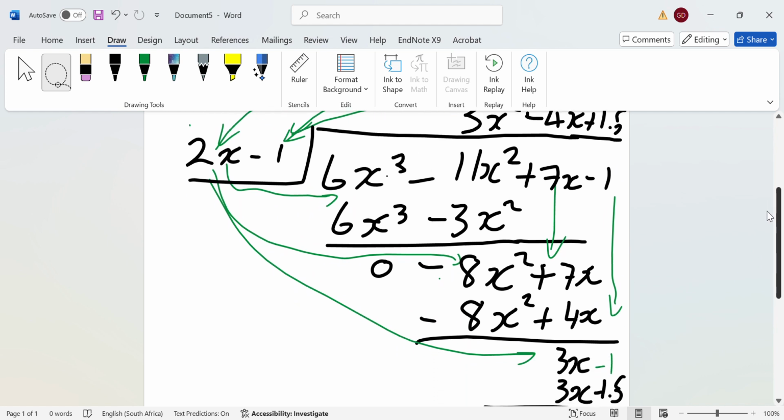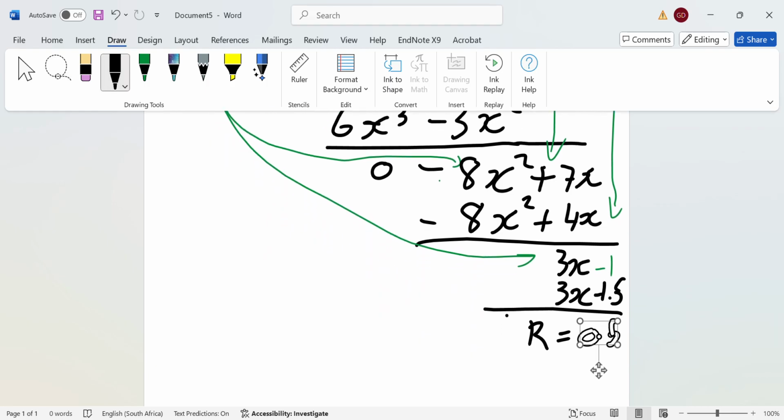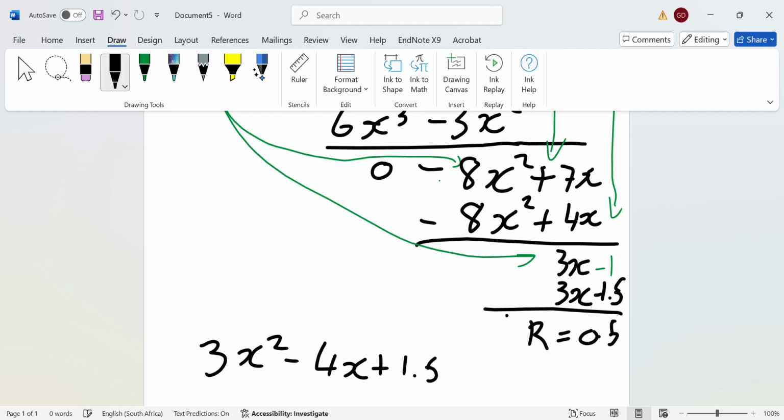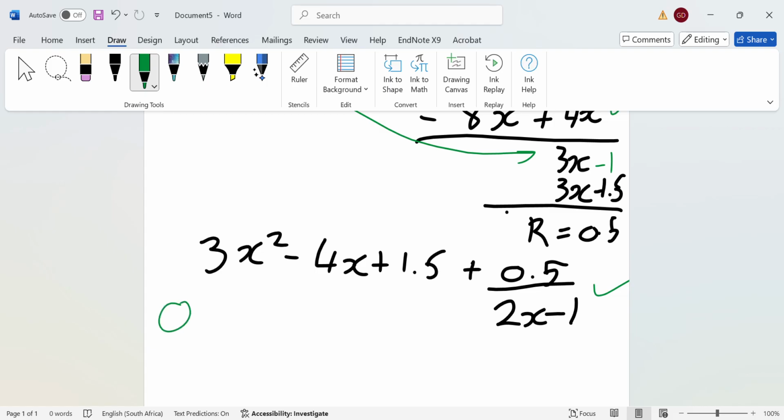When you present the answer, it's going to be 3x squared minus 4x plus 1.5, and then plus the remainder, which is 0.5, divided by the divisor, which is 2x minus 1. So this is how you present the answer. This is called QF, quotient form.